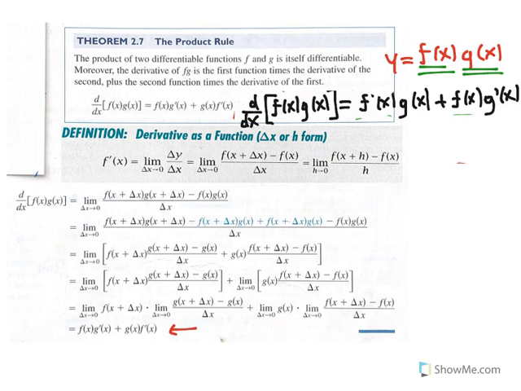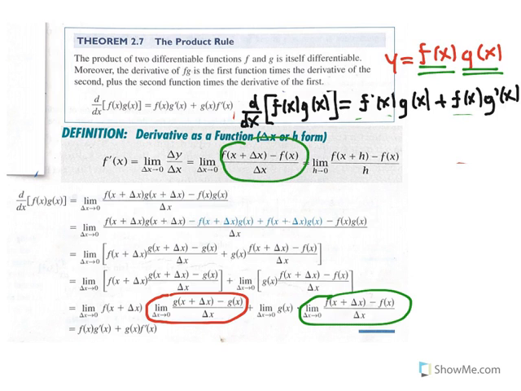To get to the very last line, consider the following. What do you see here? And what do you see here? You have the limit of a difference quotient, which has this form as delta x approaches 0. So in each case, you have the definition of the derivative of a function for the function g and for the function f.